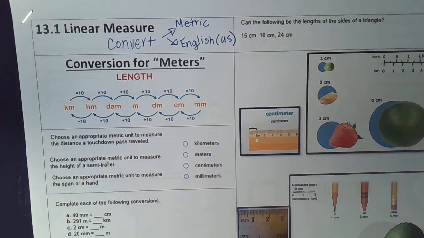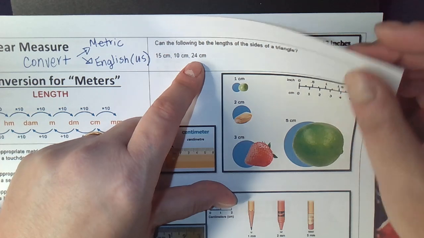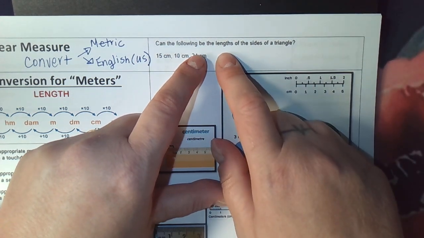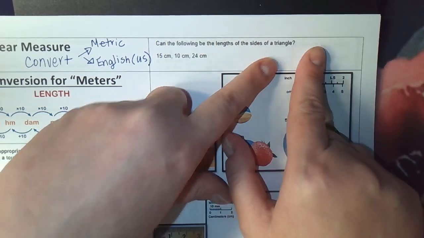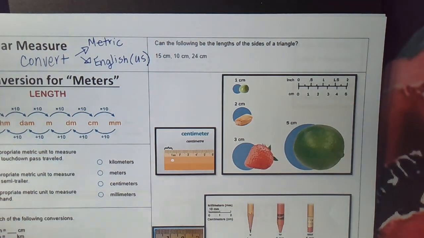Alright, so first let's look at this top right problem. It's kind of a random problem from, I think, 2 sections ago. It says, can the following be the lengths of the sides of a triangle? Well, let's remember that if you add up 2 sides of the triangle, it should always be bigger than the third.